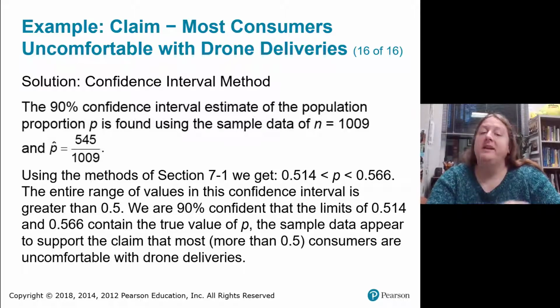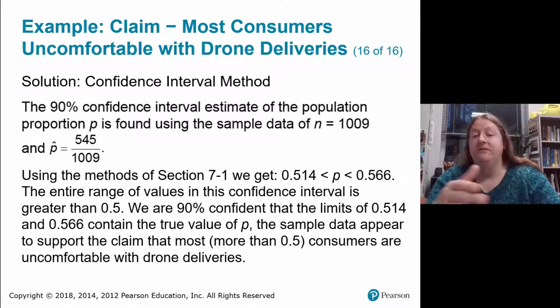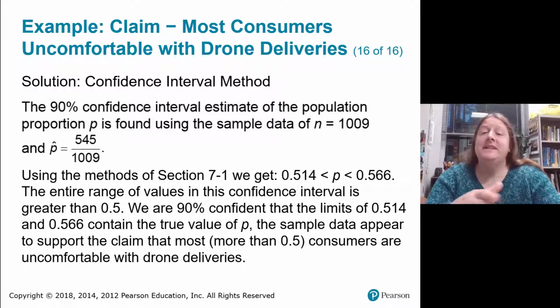So the entire range of the values in this confidence interval is greater than 0.5, so we are 90% confident that the limits of 0.514 and 0.566 contain the true value of our population proportion. The sample data appear to support the claim that more than half of our consumers are uncomfortable with drone deliveries. So notice here we came to the same conclusion.